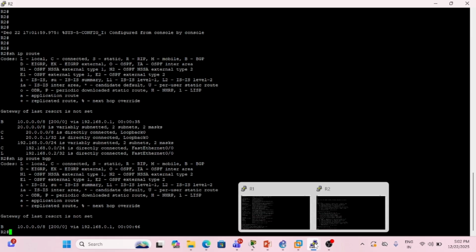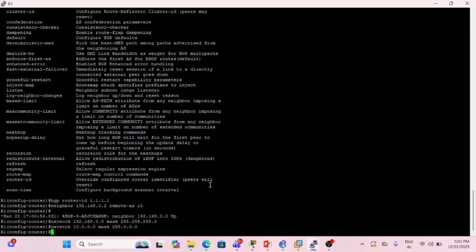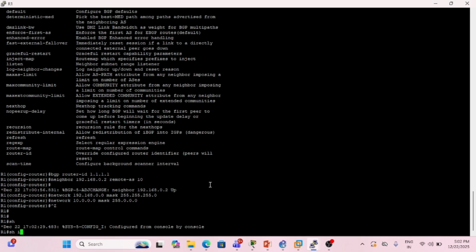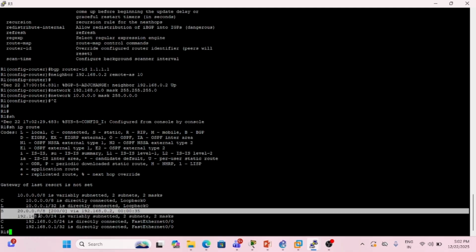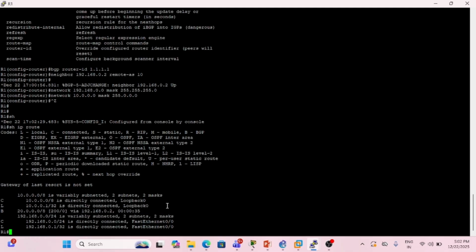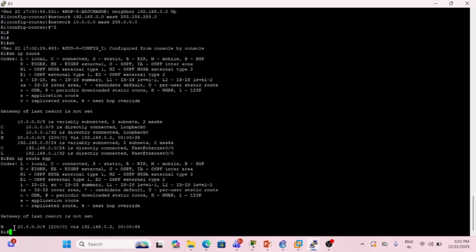And on R1, show ip route, that is 20.0.0.0, or show ip route bgp, if you give that, that is 20.0.0.0.